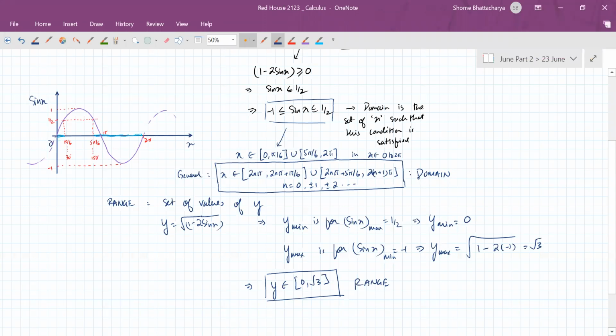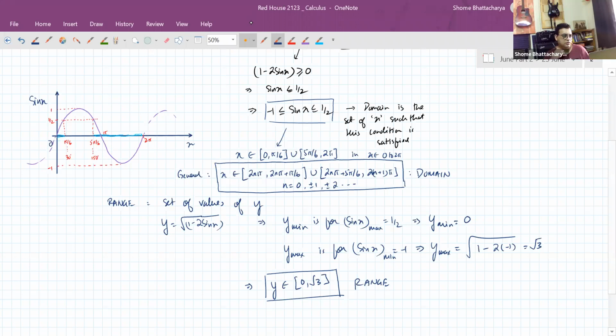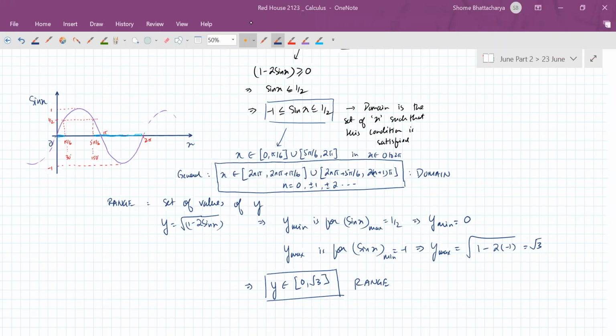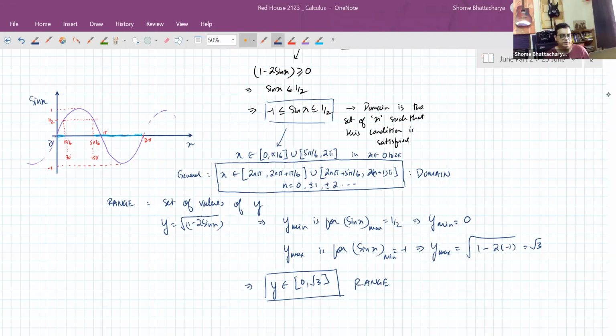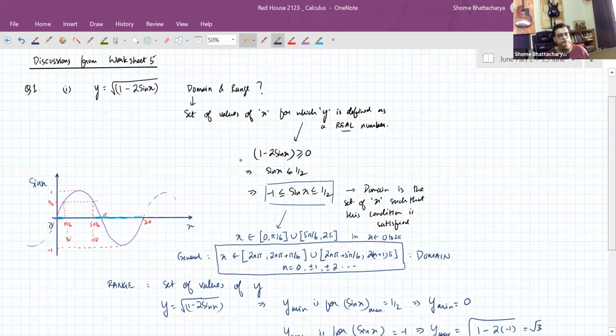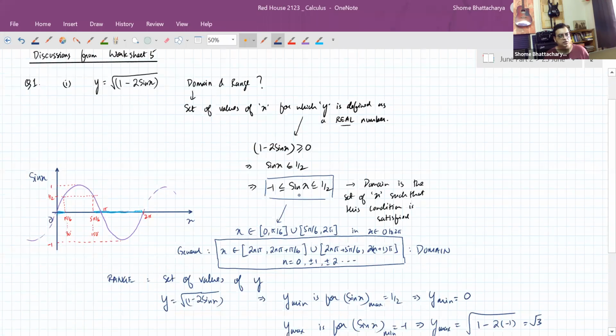Sir, can you explain the domain part again? Yeah, just go through it. I've explained it. So domain is that set of values of x for which y is real. So the quantity inside the square root should not become negative. That's how we are getting that sin x should be less than or equal to half. So now we have to find those values of x for which sin x is less than half.